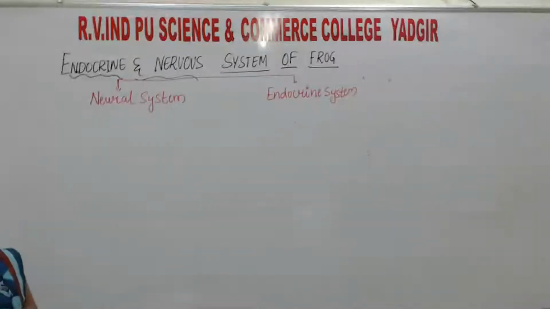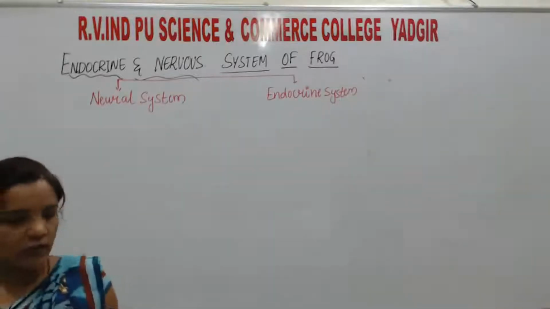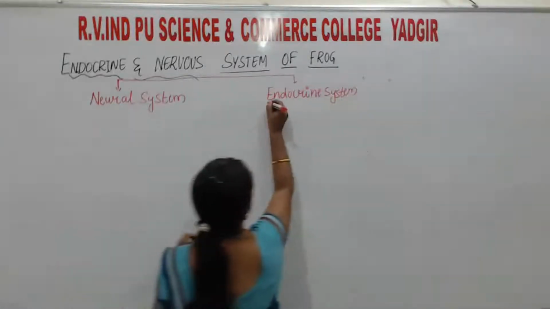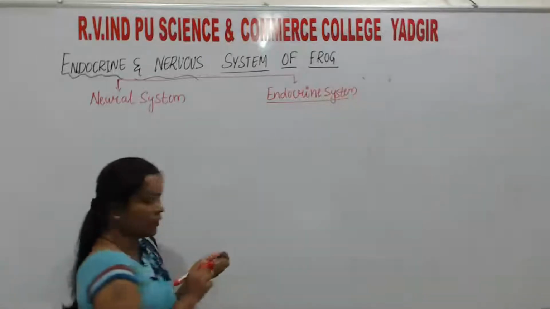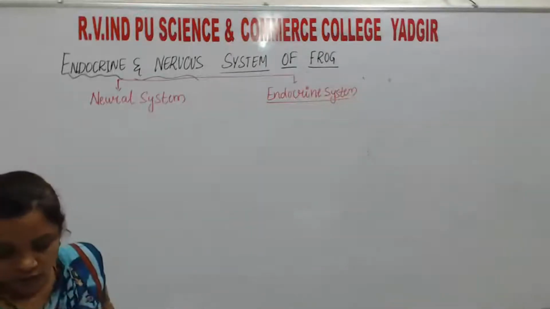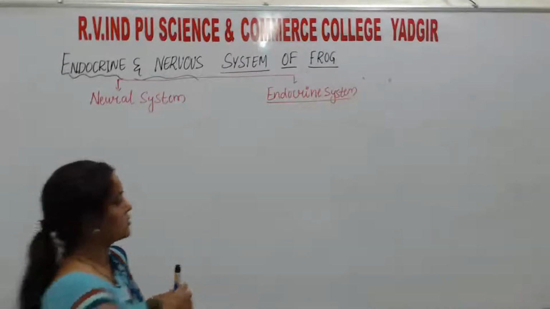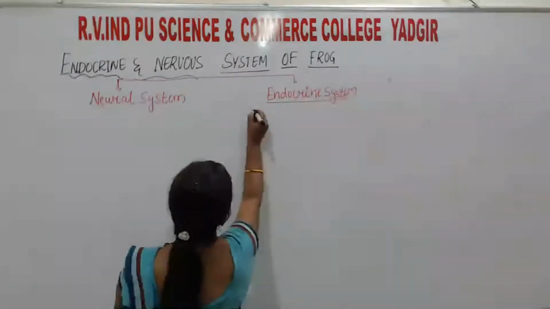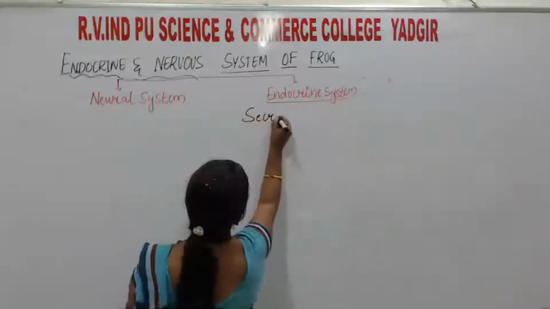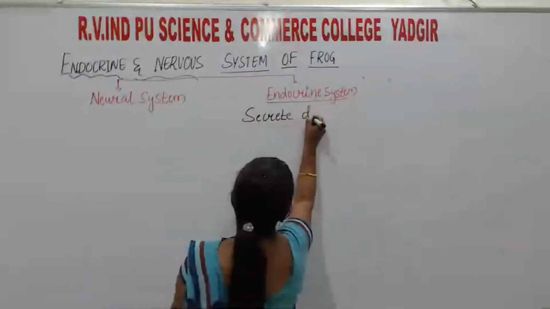Now the endocrine system: they secrete different hormones.